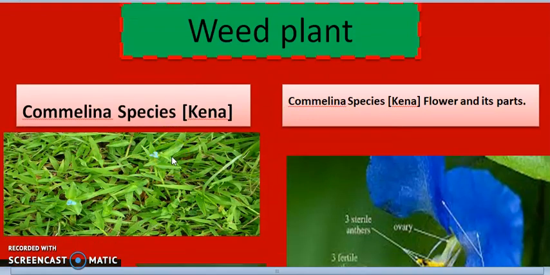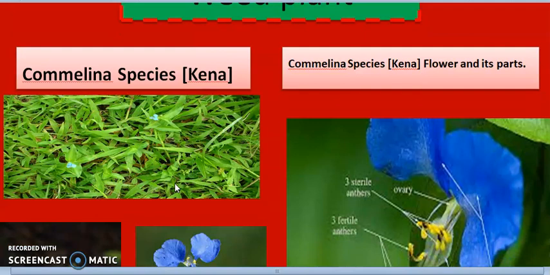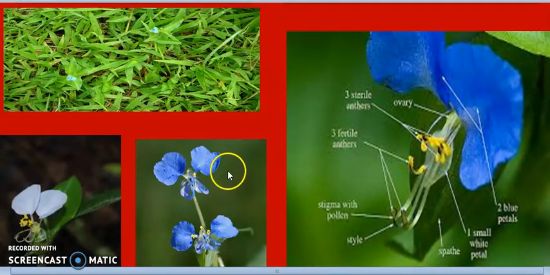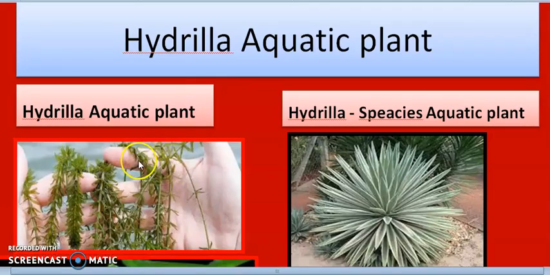Then in the next image we see the Commelina species, locally known as kena. It is a vegetatively propagated plant, and it occurs in black cotton soil and light soil. Then here we see the flowers of kena or Commelina species. Next we see the aquatic weed plant Hydrilla.